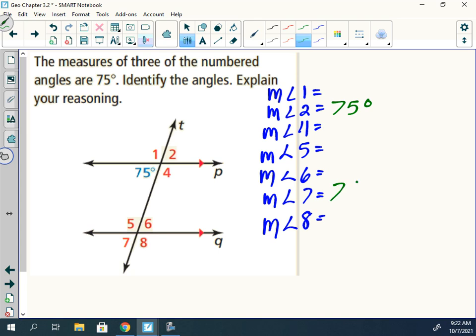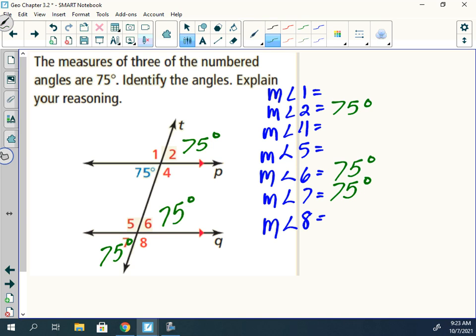7 would be 75 degrees because angle 3 and 7 are corresponding angles. Yes. 6 would be 75 degrees.